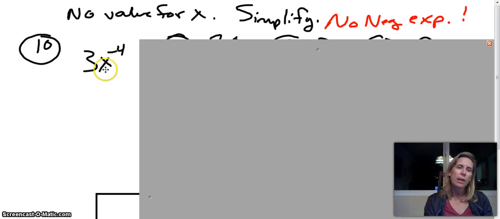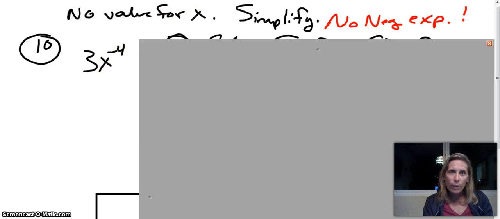So, number 10, 3x to the negative fourth. There's a negative exponent. But what is that exponent impacting? What value is it affecting? Is it affecting 3x or just the x? You got it if you said just the x, because there is no parentheses around 3x. This exponent is only affecting the x.